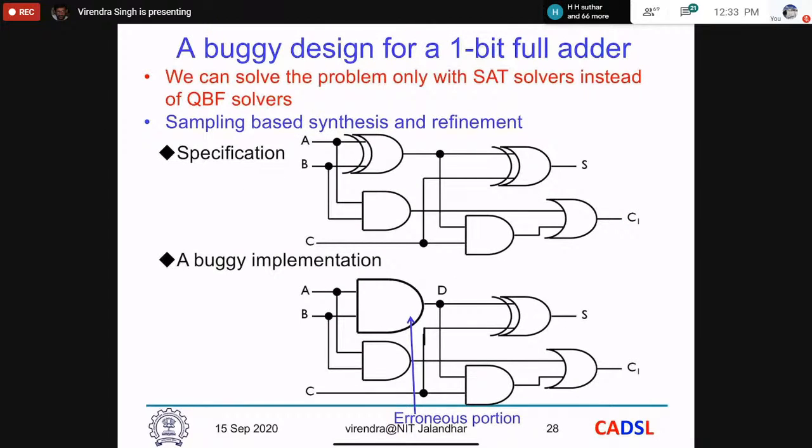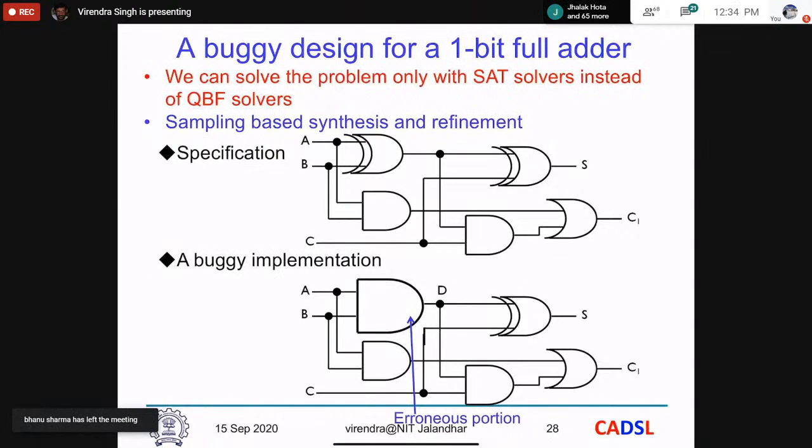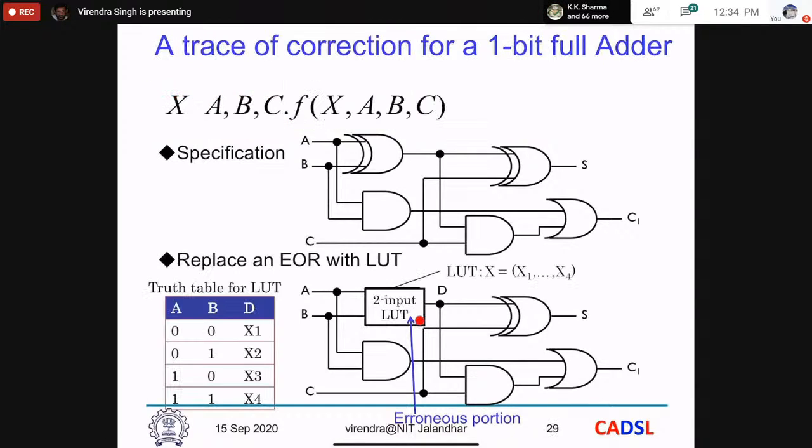What did we do? This was my erroneous or buggy portion, and now I put this LUT. The LUT is 2-input because this is a 2-input gate. In that case my LUT will have 4 variables. It will introduce x1, x2, x3, x4.